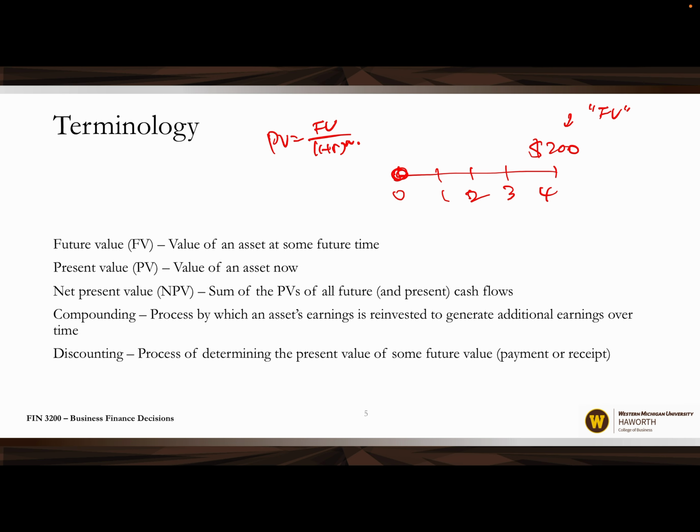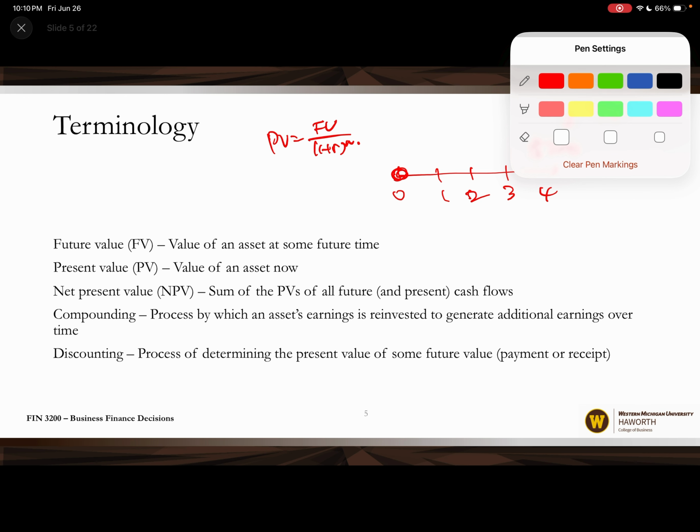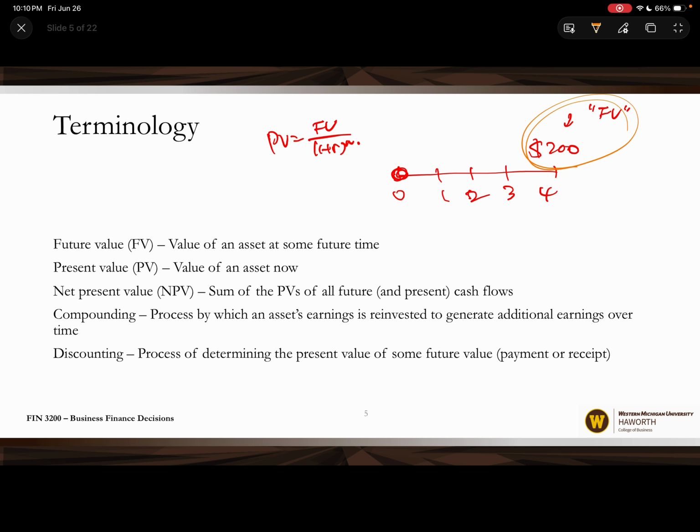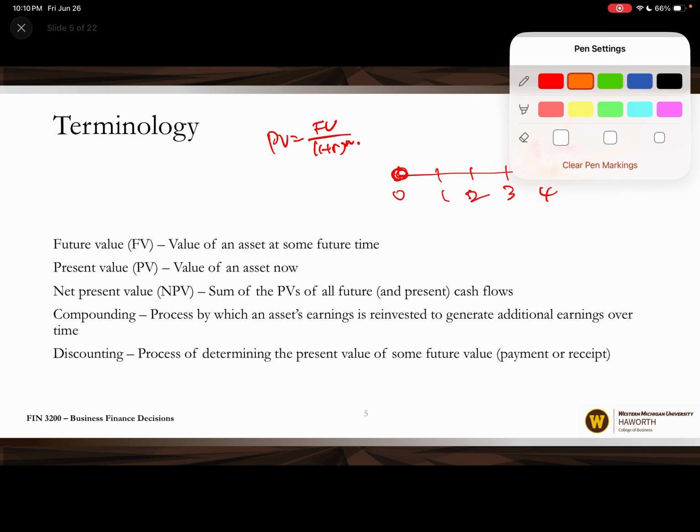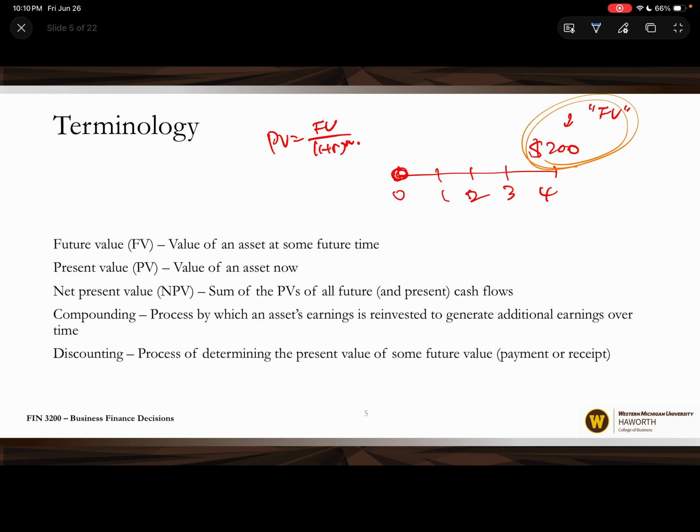So if we called this the future value, I'll use a different color. We can say we want to convert this into time 2 just for fun. We can call this present value as of year two. So we'll just say future value is some later cash flow. Present value is some earlier cash flow.